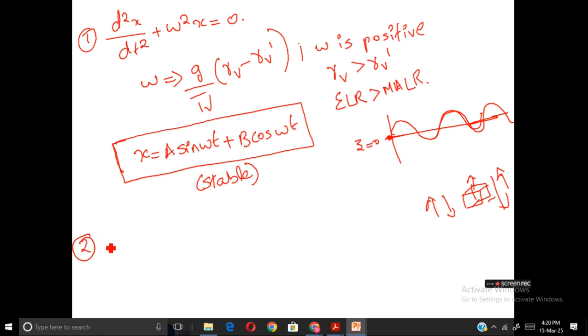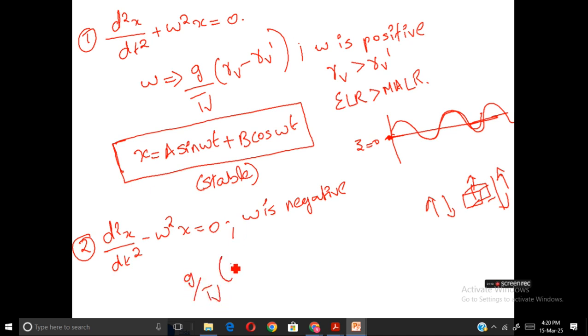Now the second case: d square x by dt square minus omega square x is equal to 0, where omega square is negative. Omega square is negative in the sense that g by TV into gamma V minus gamma V dash is less than 0, which means gamma V is less than gamma V dash, which means the environmental lapse rate is less than the moist adiabatic lapse rate.